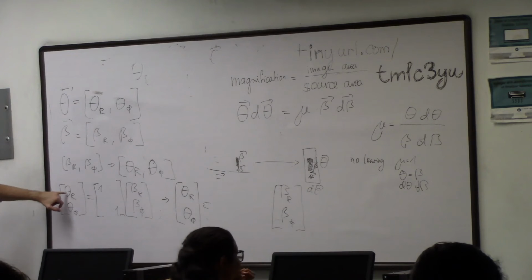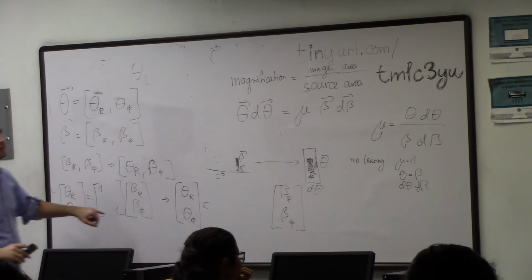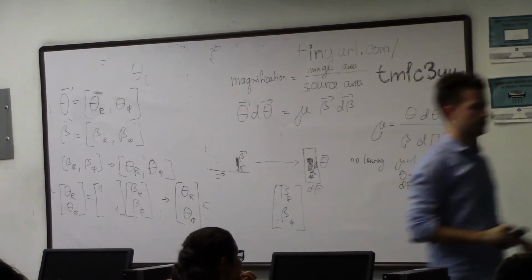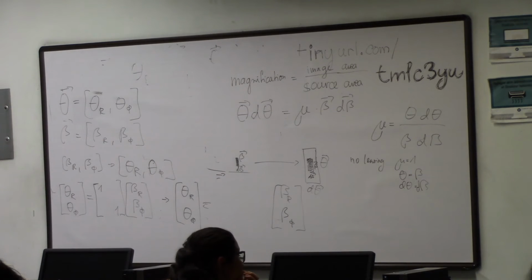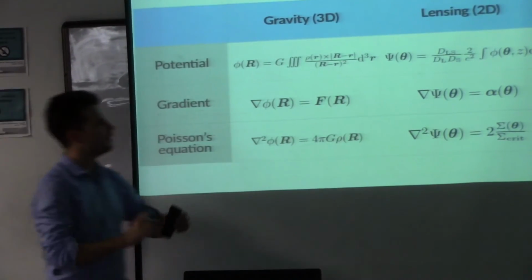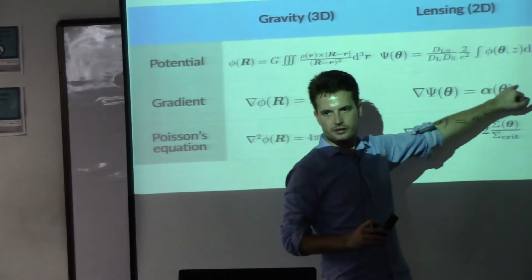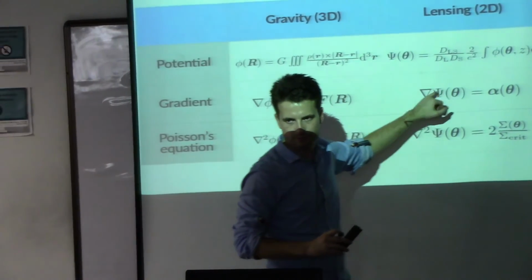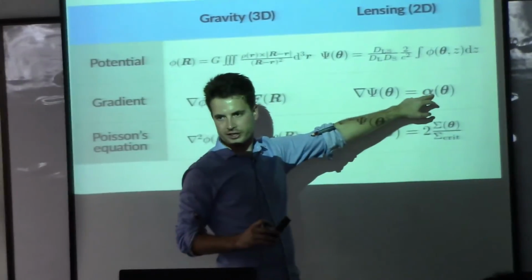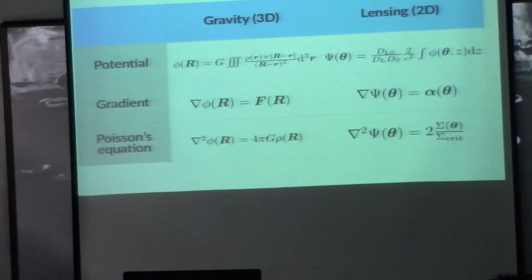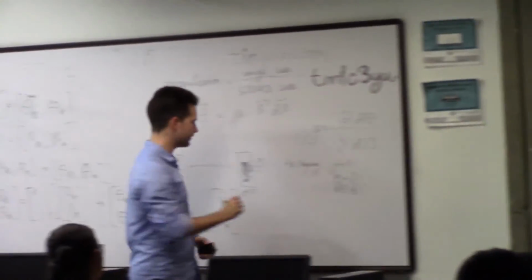So your theta r will depend, if I go back, you'll start introducing dependence on your potential, because there will be a deflection angle going in both radial and tangential directions.